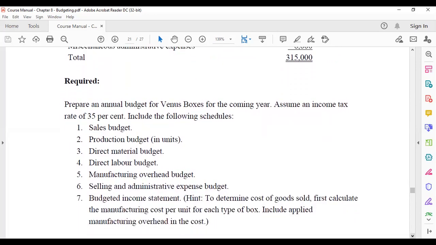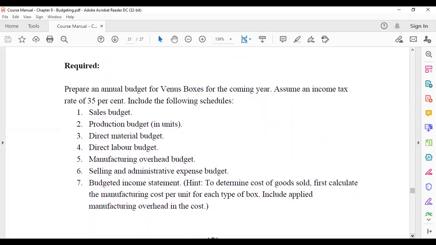Assume an income tax rate of 35% and include the following schedules. You've been asked to produce almost everything, from sales budget to the budgeted income statement: the sales budget, the production budget, the direct material usage and purchase, the direct labor, manufacturing overhead, selling and administration expenses, and budgeted income statement.